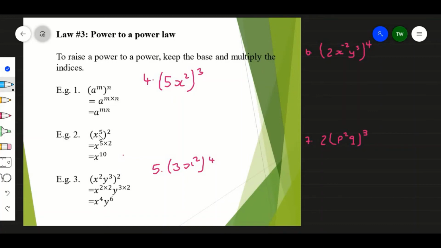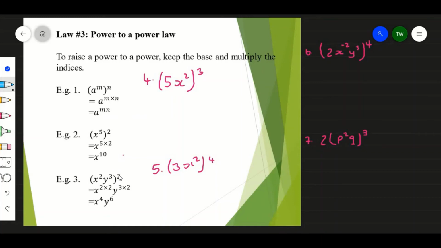Alright, so example 2, x to the 5th raised to the second power. Power to power, we multiply the powers, so that gives us x to the 5 times 2, which gives us x to the 10. Example 3, we have x squared y to the 3rd power, all of that being raised to the 2nd power.